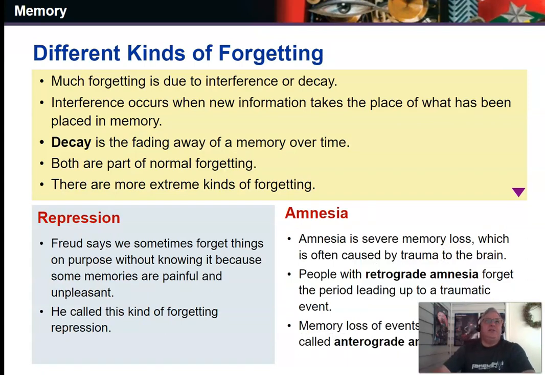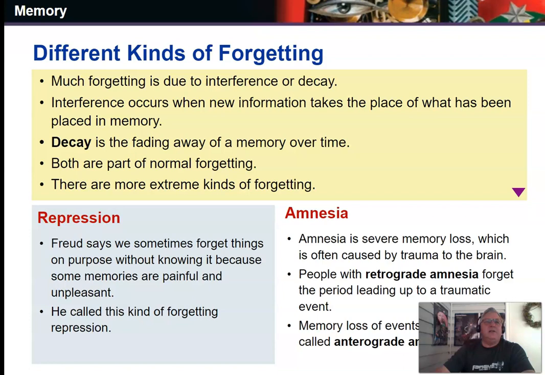Much forgetting is due to interference or decay. Interference occurs when new information takes the place of what has been placed in memory. Decay is the fading away of memory over time. Both are part of normal forgetting, and there are more extreme kinds of forgetting. Repression. Freud says we sometimes forget things on purpose without knowing it because some memories are painful and unpleasant.